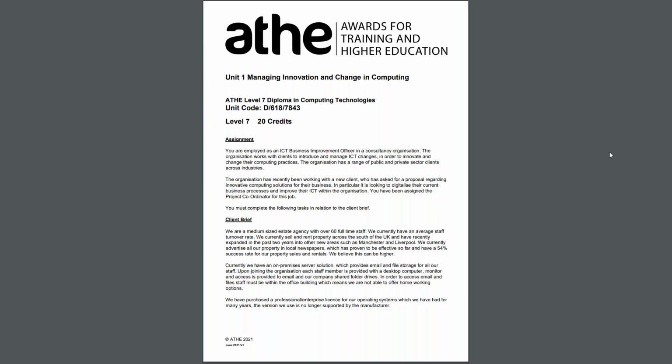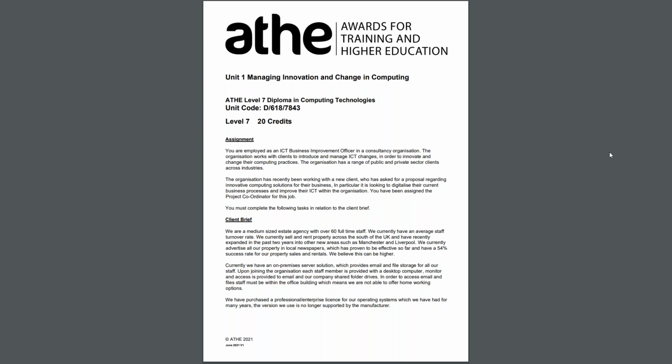It has recently been working with a new client who has asked for a proposal regarding an innovative computing solution for the business. In particular, it is looking to digitalize the current business process and improve the ICT within the organization. You have been assigned as the project coordinator for this job, so you must complete the following tasks in relation to the client brief.